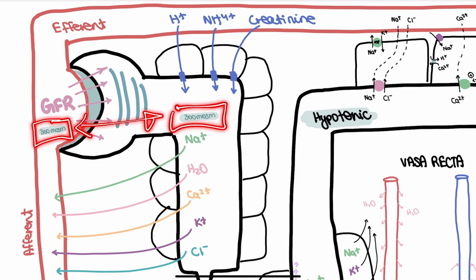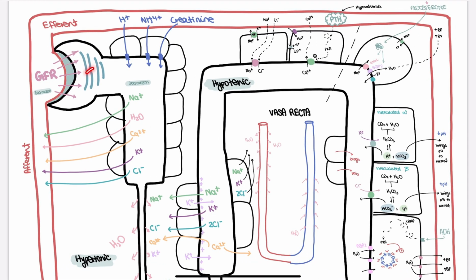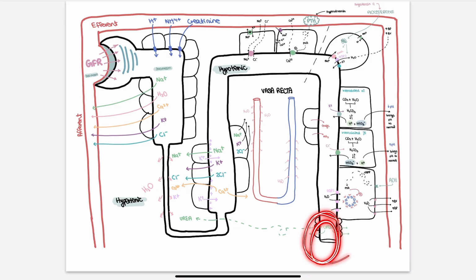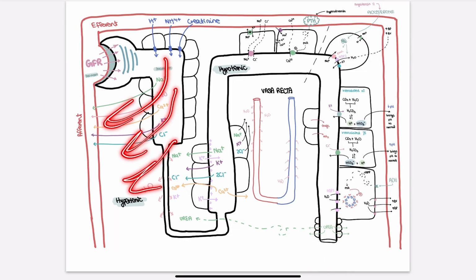So this means that this is isotonic. Anything that's going through the nephron is going to be moving through and turned into urine, and anything that's getting reabsorbed is probably important.